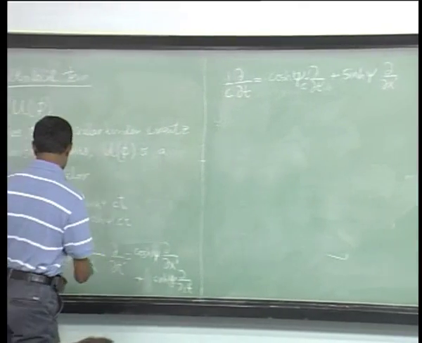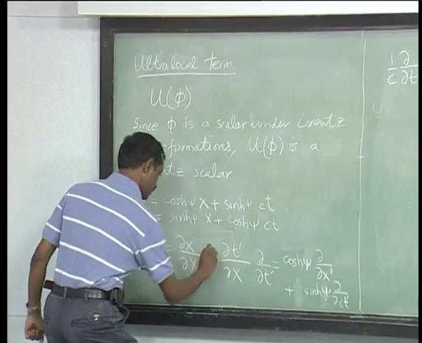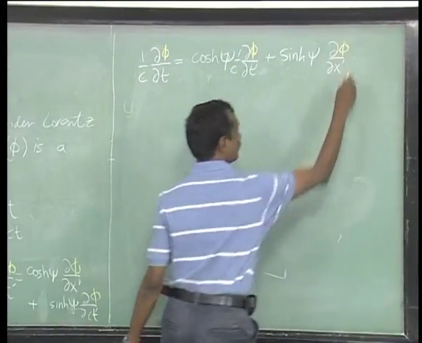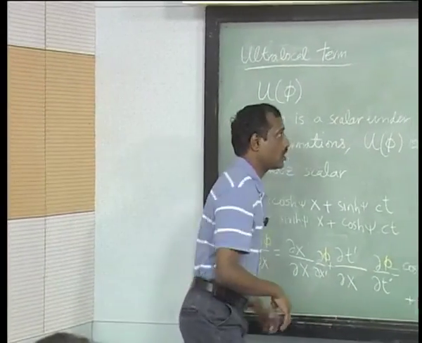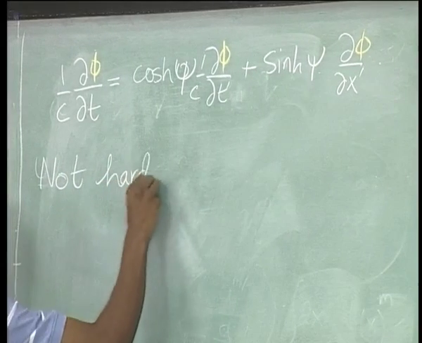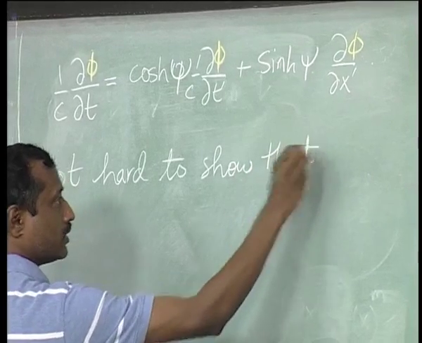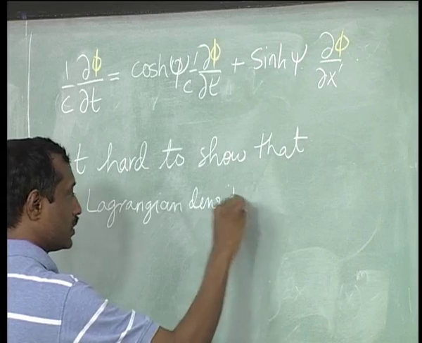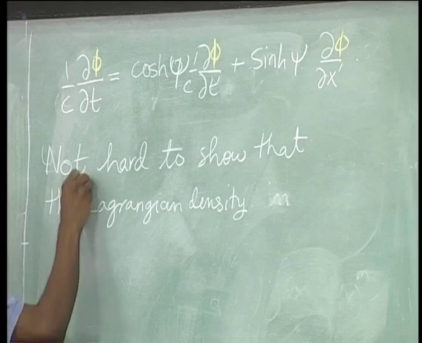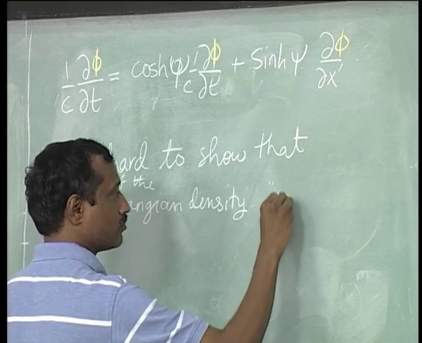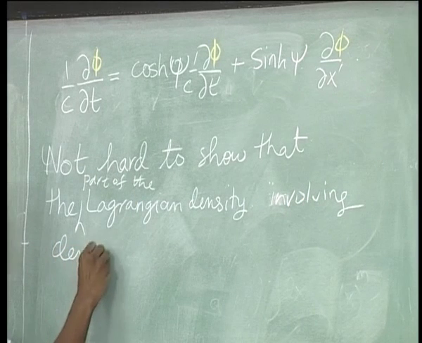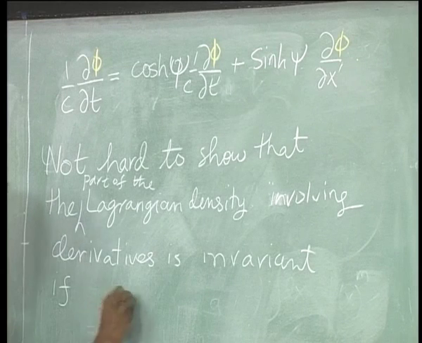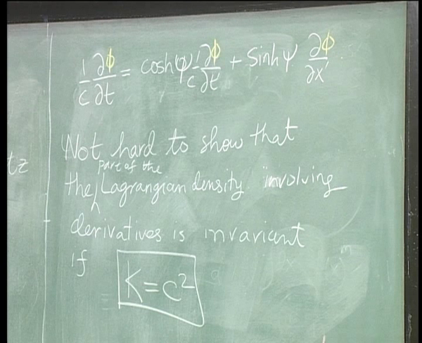By acting on this thing you can see that I can put the phi inside this, and it is not hard to show that the Lagrangian density, the part involving derivatives, is invariant under the Lorentz boost if that is the case.